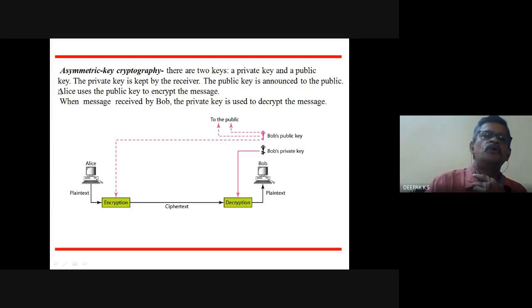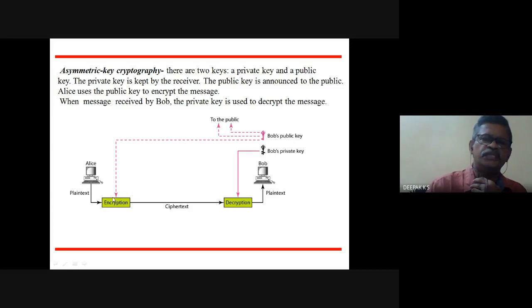Now in asymmetric key, there are two keys, a private key and a public key. The private key is kept by the receiver. The public key is announced to the public. So Bob is announcing the public key to the public, and it is available to Alice also.